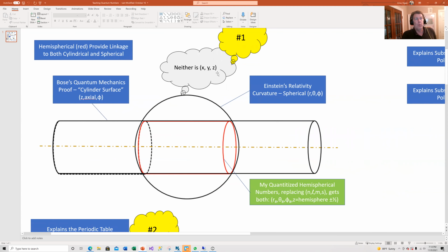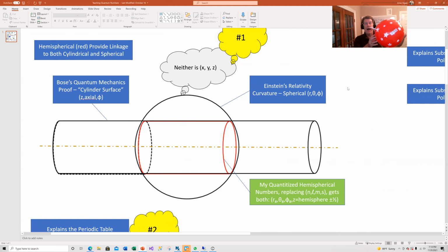But of course, that's not what happens at the subatomic level. In the subatomic level, here, let me get you an example. I'm going to make this a little bigger. You basically have a ball, which is a whole bunch of electrons, and they're sticking out in different directions, evenly spread, with some rules I'm going to show you, around a sphere. Okay?